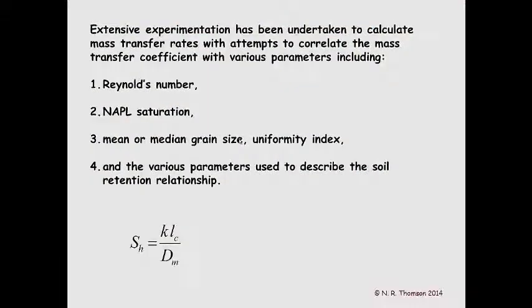There's been extensive experimental work to calculate mass transfer rates and attempts to correlate those rates with various parameters of the system, including Reynolds number, NAPL saturation, the mean or median grain size, or some other properties of the porous media, and various parameters that describe the retention, the capillary pressure saturation curve.